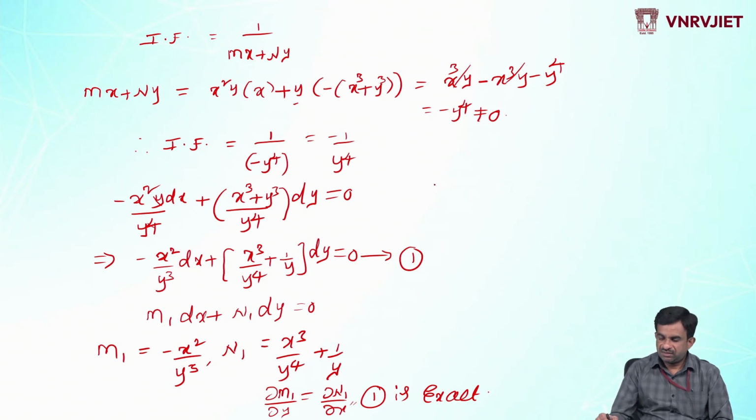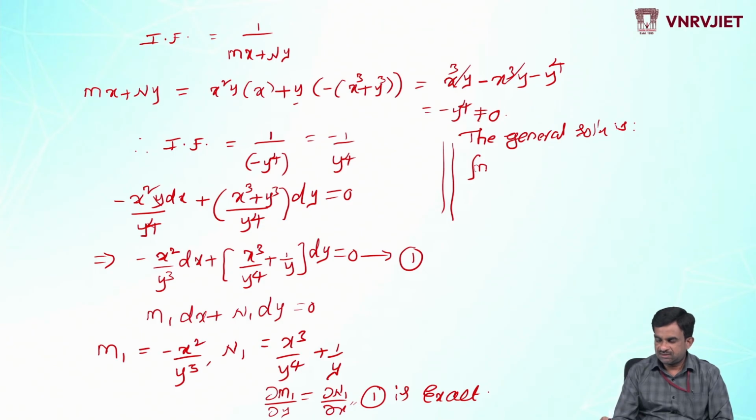So what we have to do here is write the general solution formula. The general solution is, our m becomes m1, that is integral m1 dx plus integral n1 dy is equal to c. Anyway here we will treat y as constant.